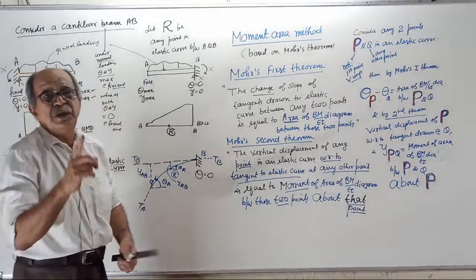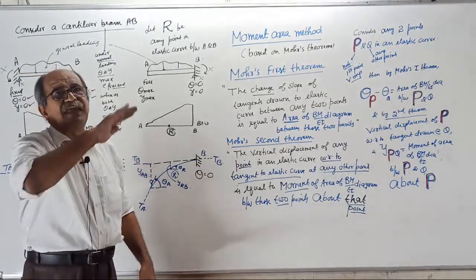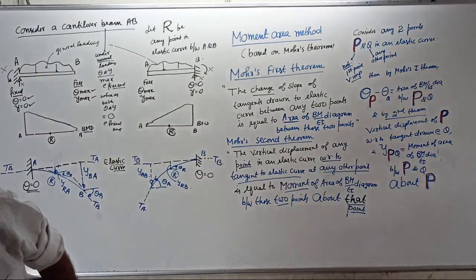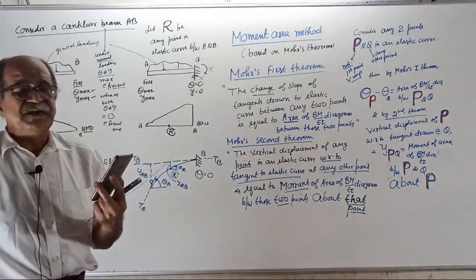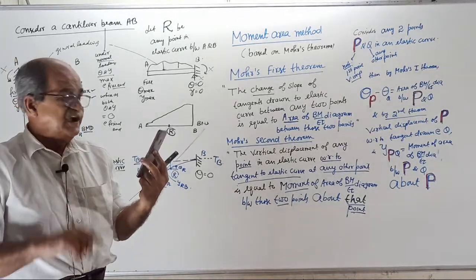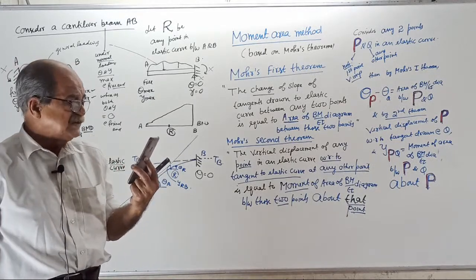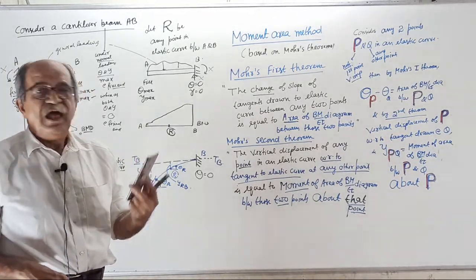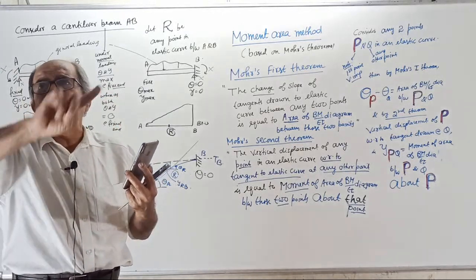Now, the most important part. When slope is 0, if you draw a tangent, how will the tangent be? When slope is there, the tangent will be inclined. When slope is 0, how is the tangent? Common sense. Slope is always the angle measured from the original axis to the tangent.